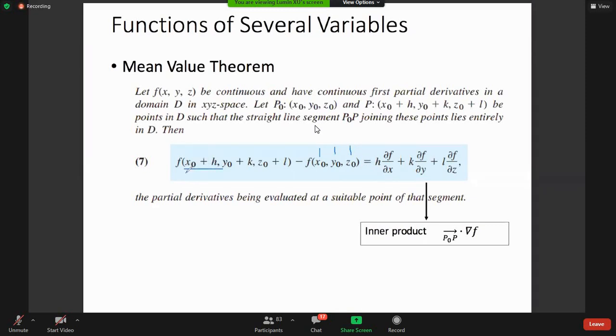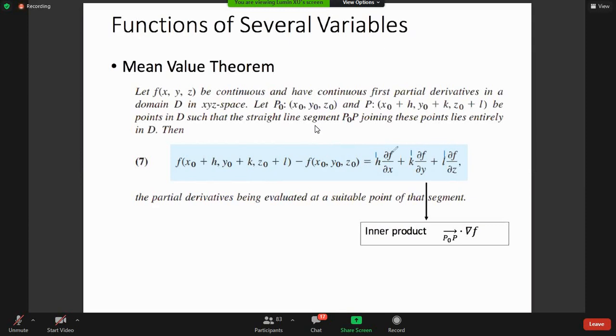And this one should be 2. Also this 2, and this one 2. So h should be 1, k should be 1, l should be 1, right? So this part is 1 and also 1 and also 1.